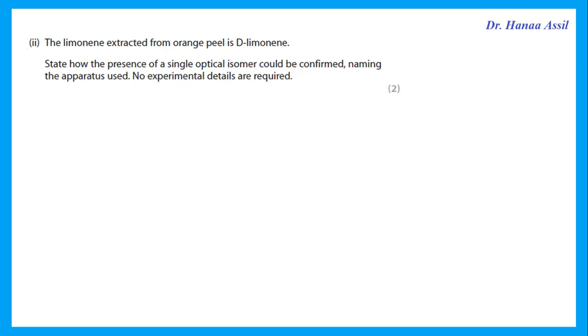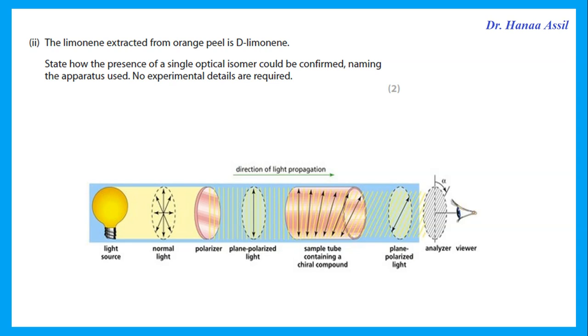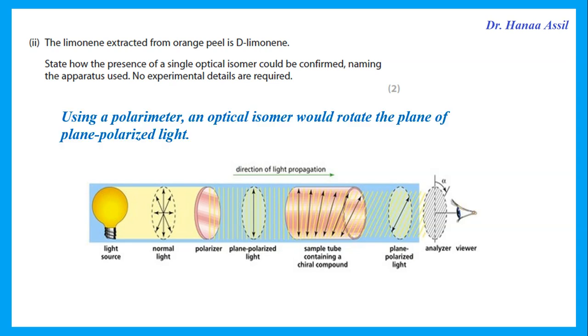The limonene extracted from orange peel is D-limonene. State how the presence of a single optical isomer could be confirmed, naming the apparatus used. No experimental details are required. Remember, the definition of an optical isomer is that it can rotate the plane of polarized light.